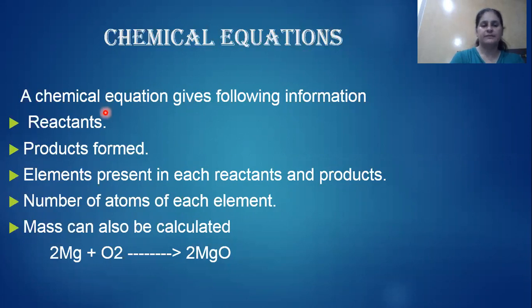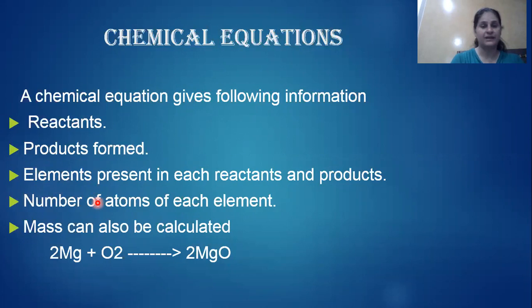Now, when you write a chemical equation, these are the following information that you get. You come to know the reactants that are taking part in a reaction. You come to know the product that has been formed. You come to know the elements that are present in the reactants as well as in the product. You also know the number of atoms.